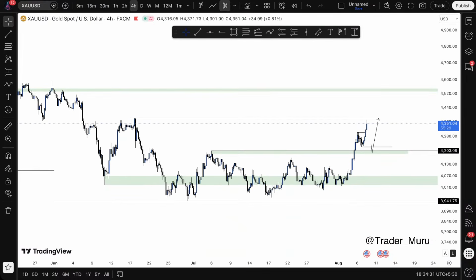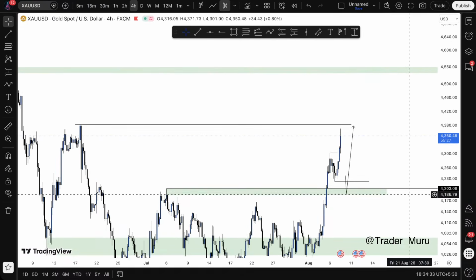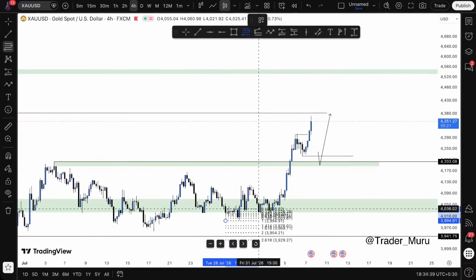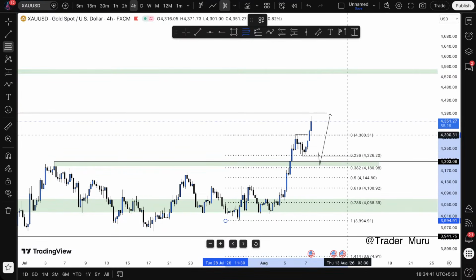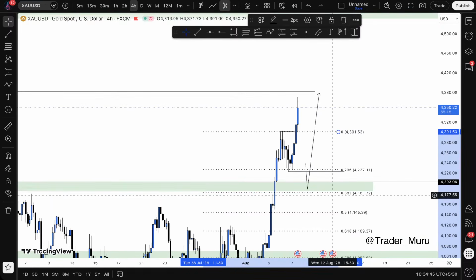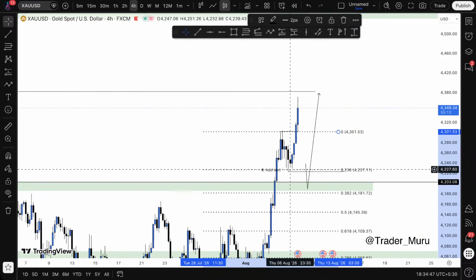I was waiting for the 30% here. It was 23%. I was waiting for this area, but price started pumping from here.